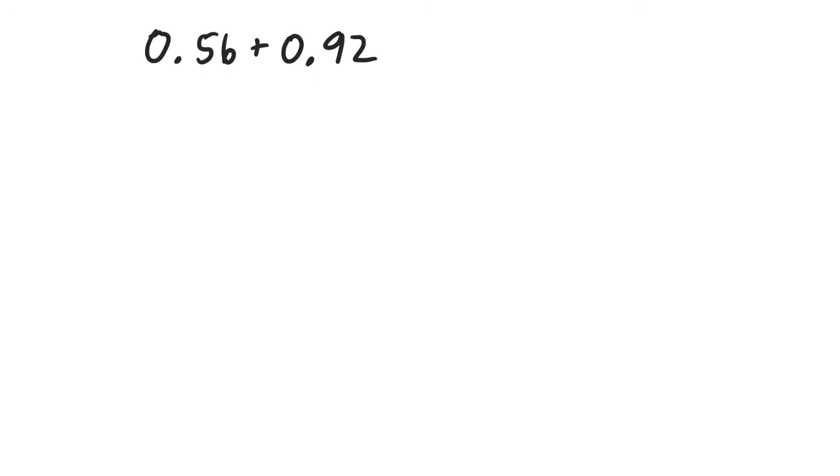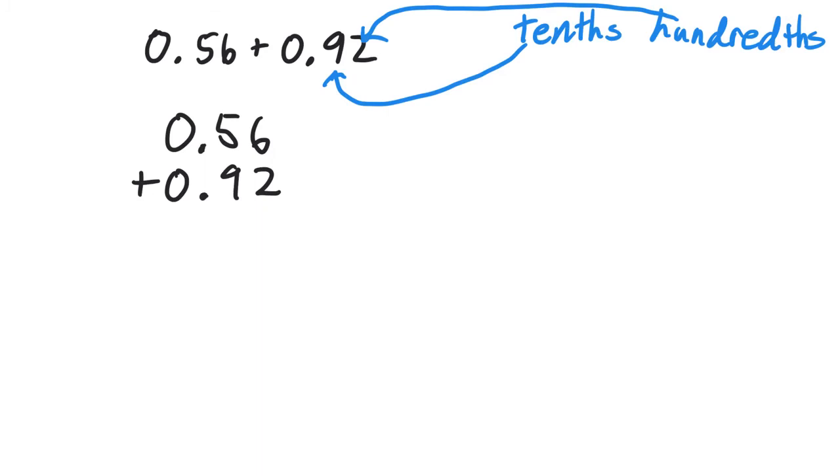So I would write this nice and neat, and this one is the same way. And now I have my ones place, tenths place, and hundredths place. And those are written like that, by the way, with the TH. And then you just add them like you normally would.